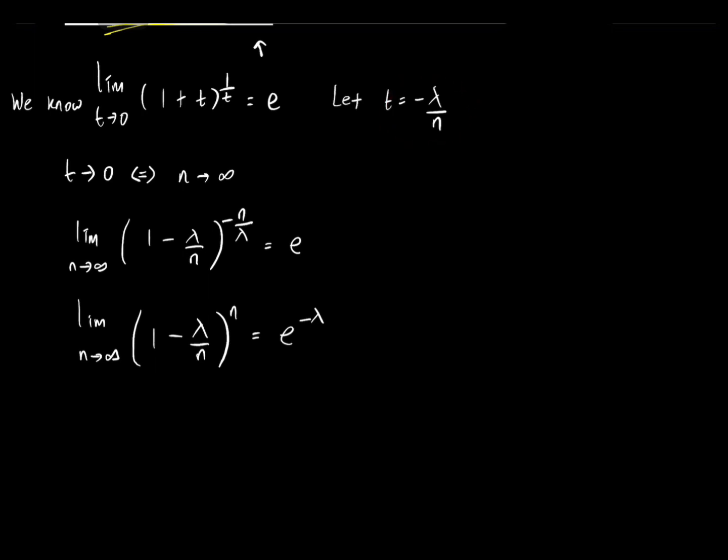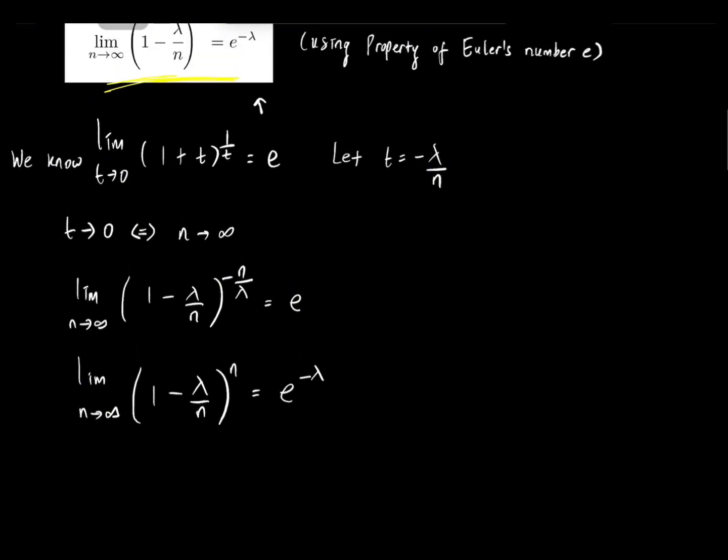So n goes to infinity, and in that case I can rewrite this limit as the limit as n goes to infinity, and in the place of t we can write minus lambda over n. And 1 over t here is just the reciprocal of this, which is minus n over lambda, and that equals e.